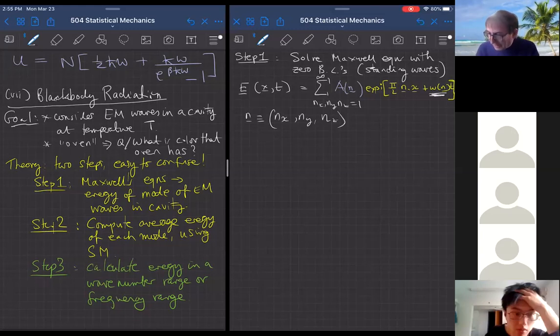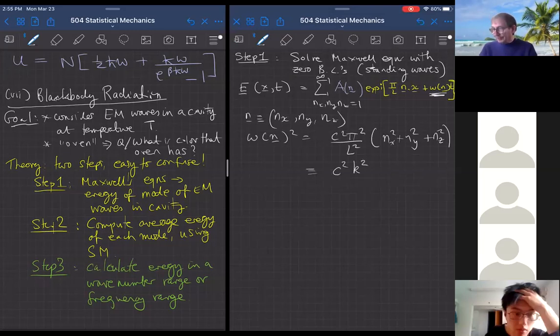So the wave equation says that omega n squared is equal to c squared pi squared over L squared times nx squared plus ny squared plus nz squared. And this then is what we're going to define to be c squared times the wave number squared, k squared.